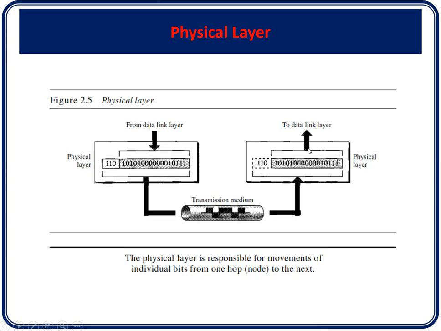It handles the mechanical and electrical specifications of the interface and the transmission medium. The layer defines the procedures and functions necessary for physical devices and interfaces to facilitate data transmission. This figure shows the physical layer's position and its relationship to the data link layer and the transmission medium.